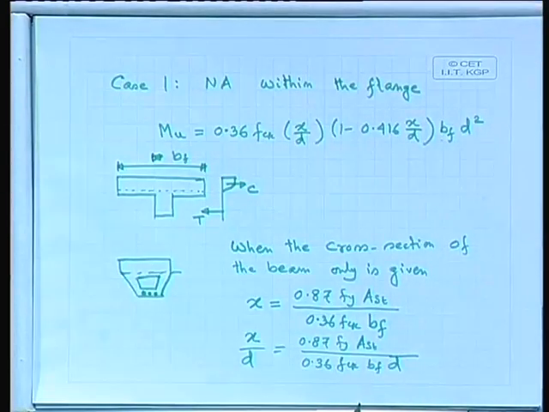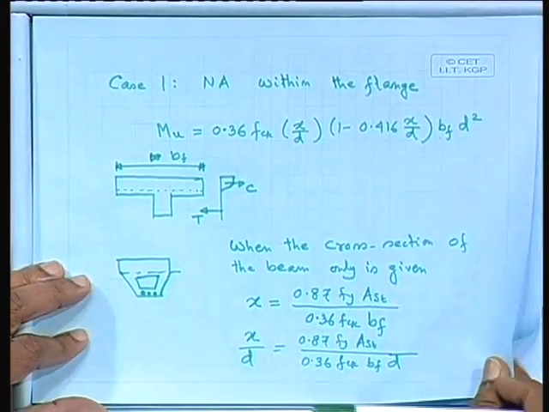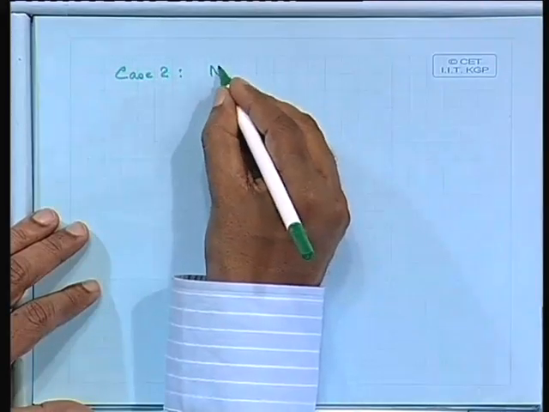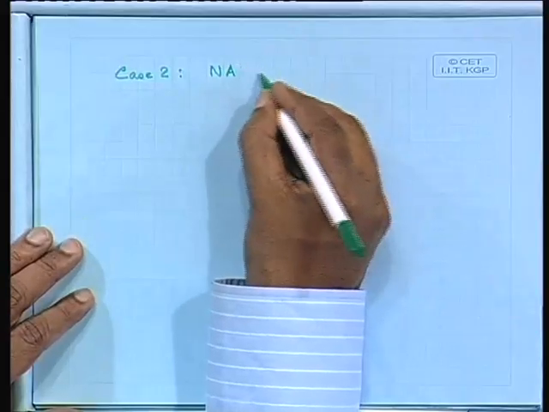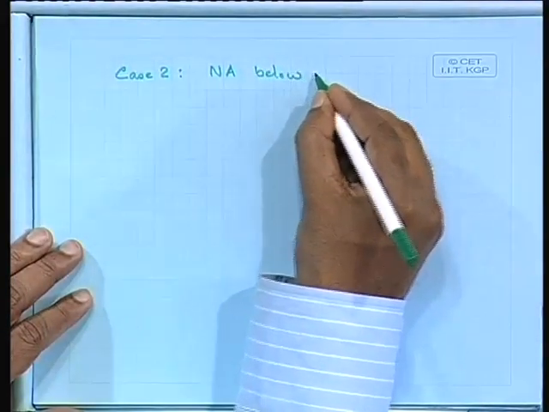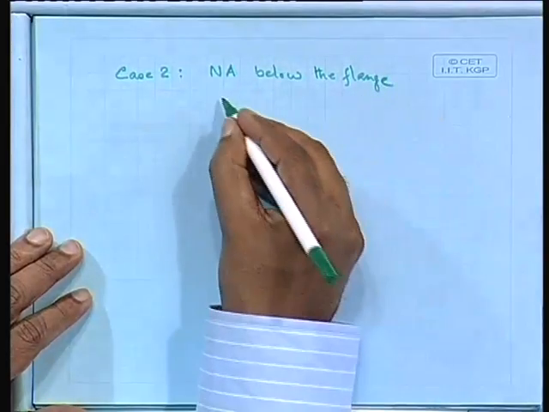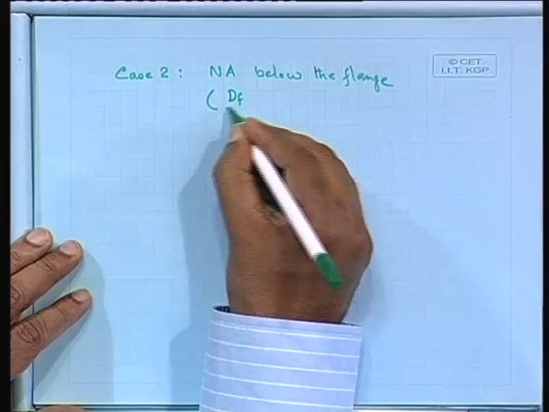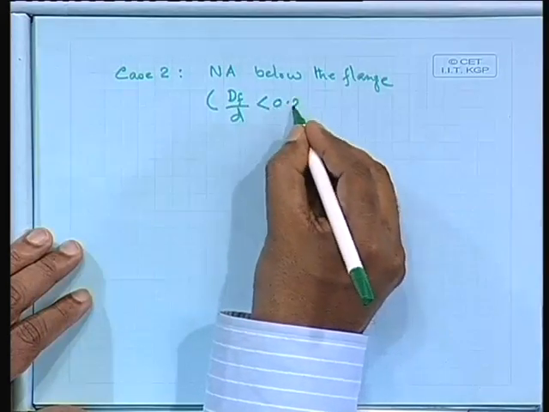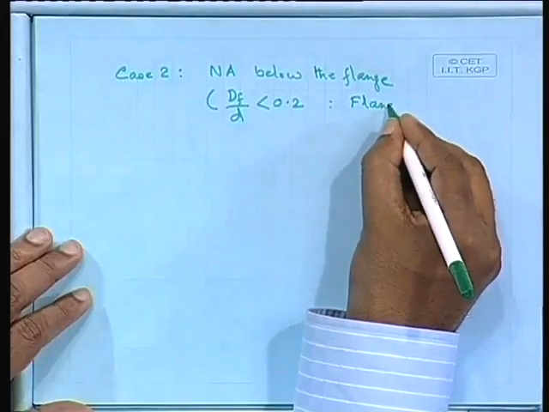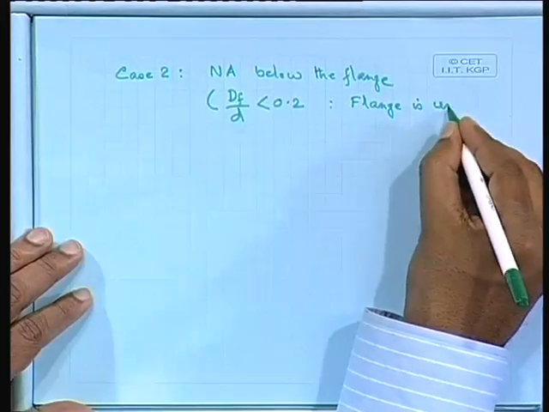Okay. Now what about case 2? Neutral axis below the flange and df by d less than 0.2. That means the flange is uniformly stressed.